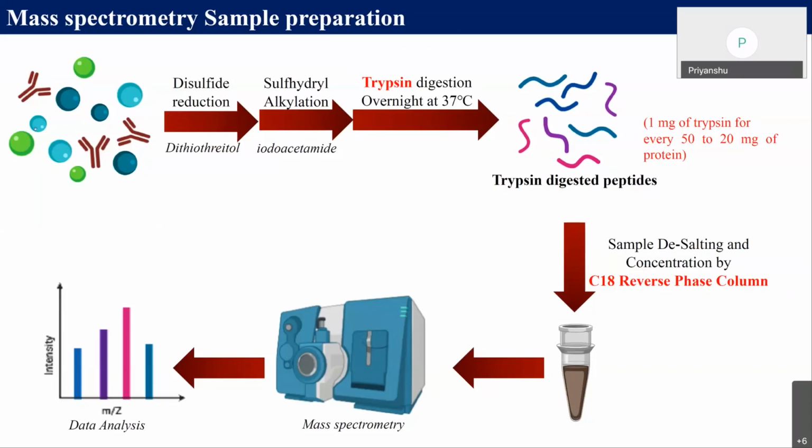Once you get the reduced form of cysteine residues, the reduced form of the disulfide bond, you need to block it. For blocking, we use iodoacetamide. Once iodoacetamide blocks that particular thiol group of the cysteine residue, there is no chance of inter- or intramolecular protein disulfide bond formation.